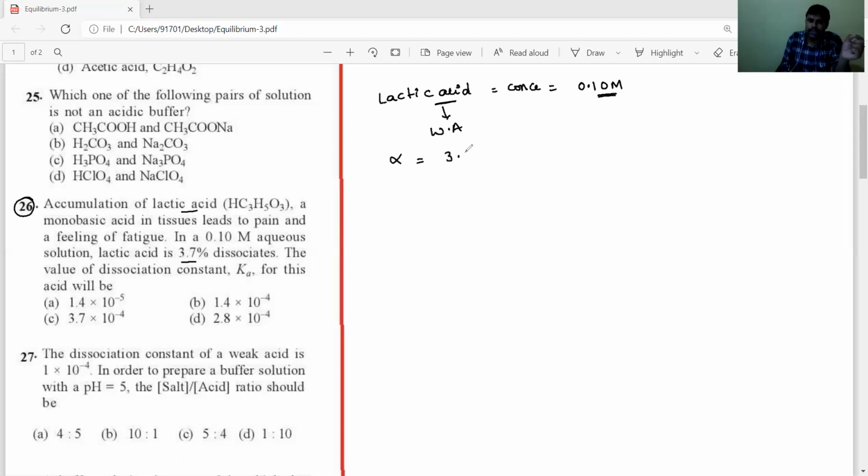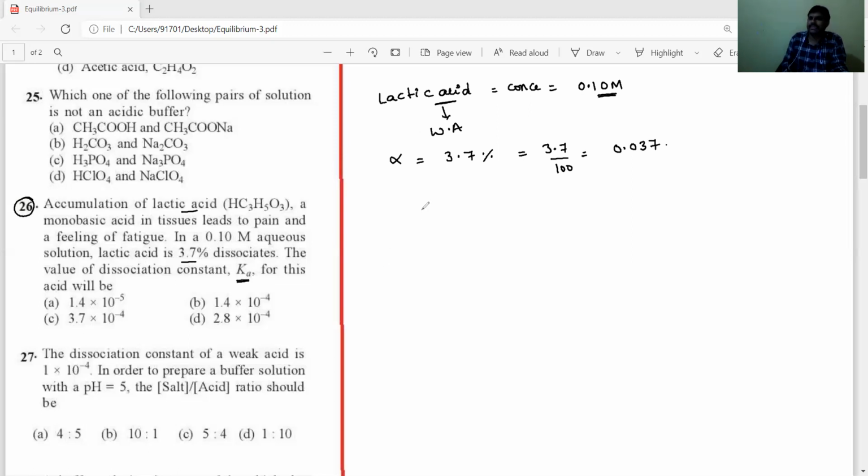Alpha is equal to 3.7 percent, which is 3.7 by 100, that is 0.037.